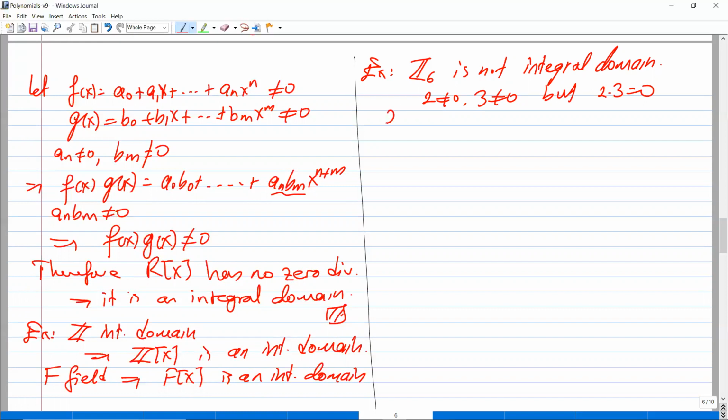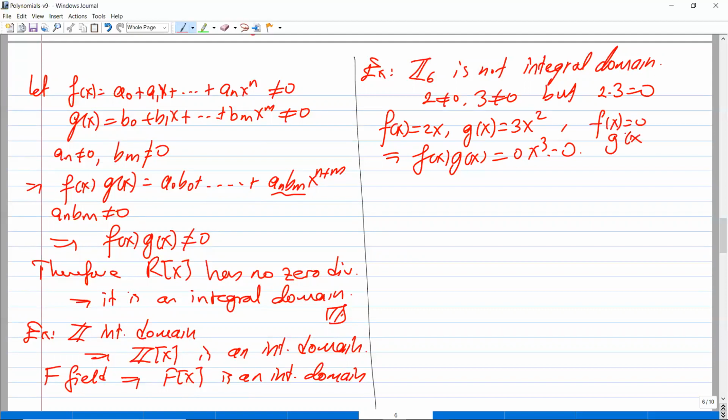And in the polynomial ring, take f of x to be 2x and g of x to be 3x squared, so that f of x times g of x is 6 times x cubed, which is 0 times x cubed, which is the 0 polynomial. But f of x is not 0 and g of x is not 0. So therefore we found zero divisors in Z6[x].